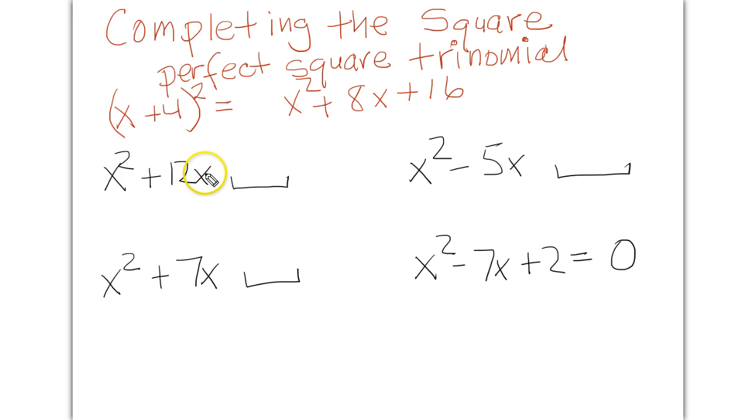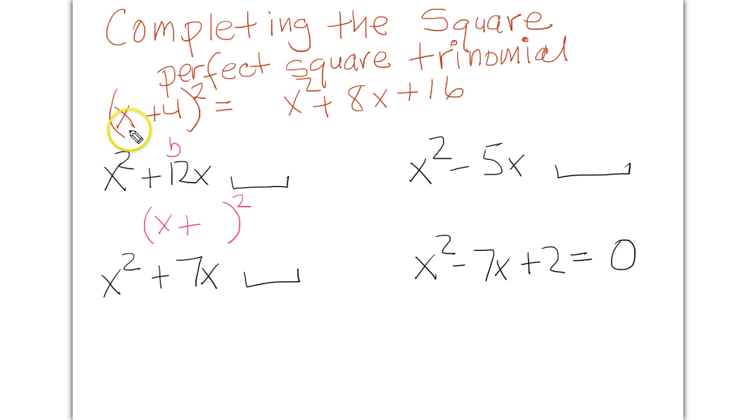They're giving us this. So the protocol is to make a set of parentheses that we're going to square. We know that our middle sign we can just put right there. This is going to be x. Now this is our b term. How do we find what goes here?